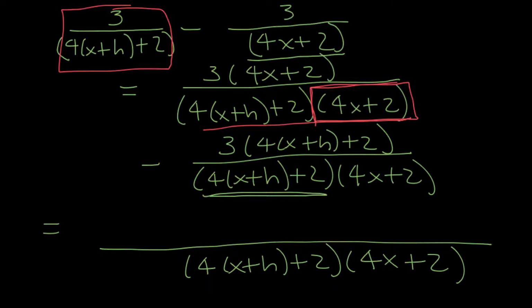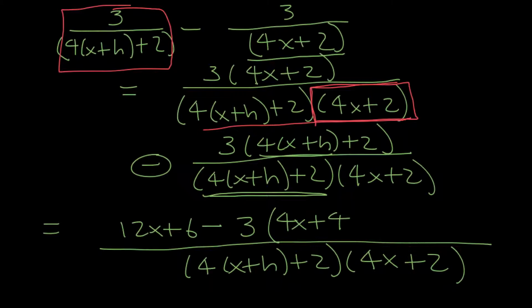What happens in the numerator? Well, here we have 12x plus 6, and here's a minus 3 times, let's see what we have here. We've got 4x plus 4h plus 2.